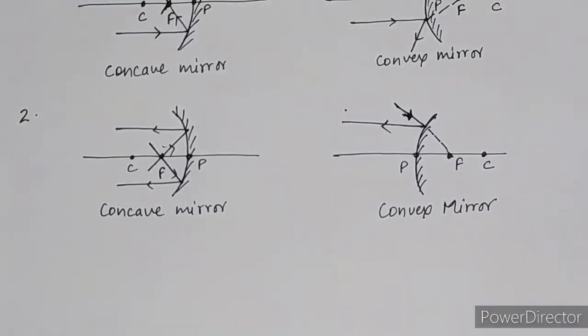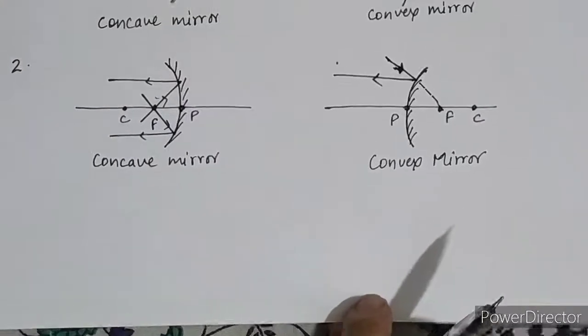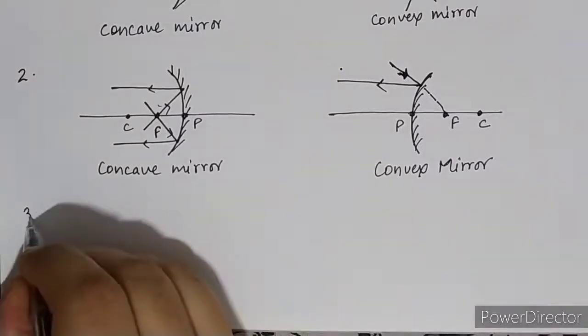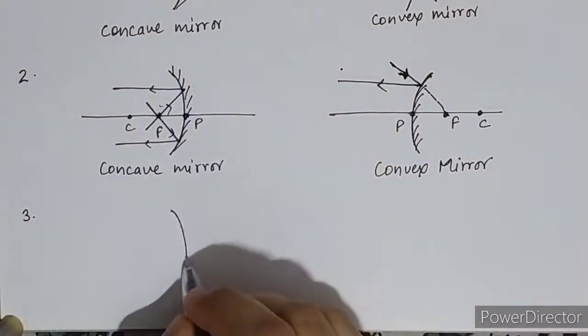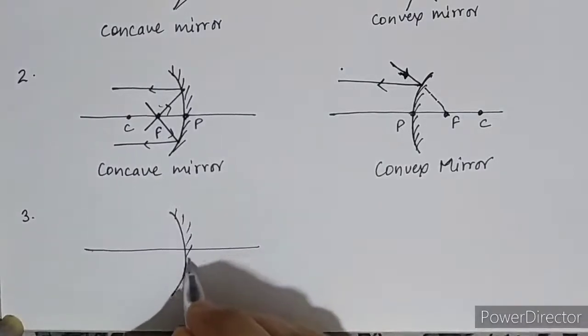Clear? The third one is that when the light rays are incident, or passing through the center of curvature, they return back on the same path. So this is for your concave mirror, principal axis, polished.